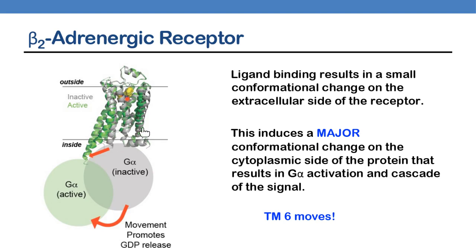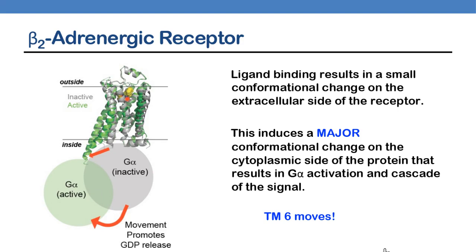So that's how you get this signal transduction, where there's not too much movement on the outside, but we get this large change on the inside. This is what promotes the release of that GDP, and then our alpha G protein can go on and activate our effector enzyme. And it's TM6 that moves.